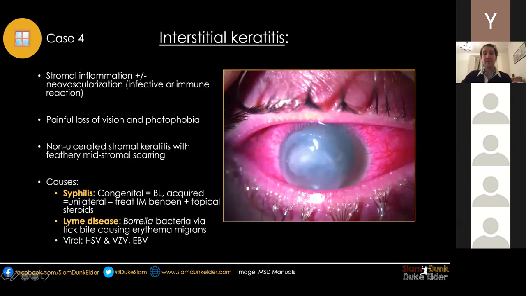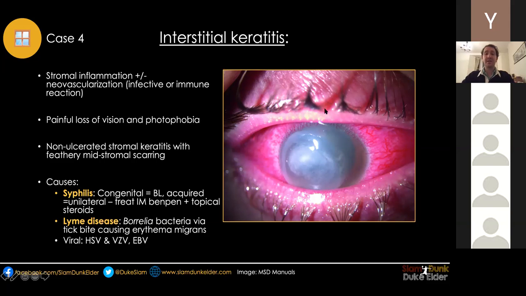I've included interstitial keratitis. This is not always caused by an infection, but the two infections that you should be able to recognise that can cause this are syphilis and Lyme disease. So congenital syphilis typically presents bilaterally, whereas acquired is normally unilateral.